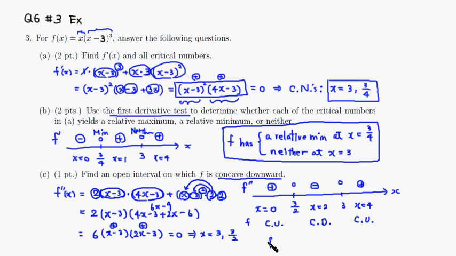So therefore, answer would be f is concave downward on the interval from 3/2 to 3, right? So this is the answer for part C. Alright, that's it. I hope that this was clear.